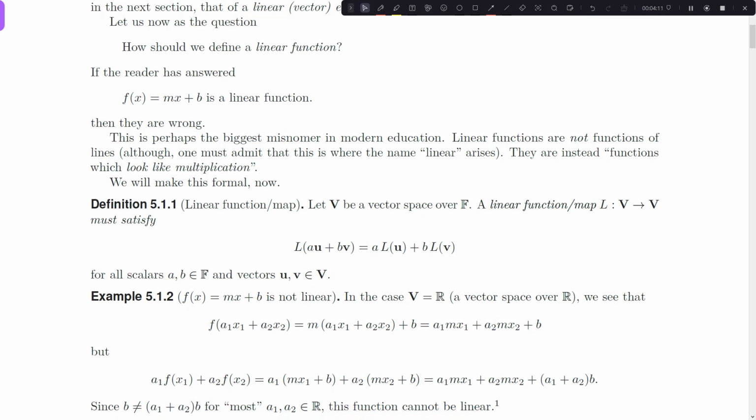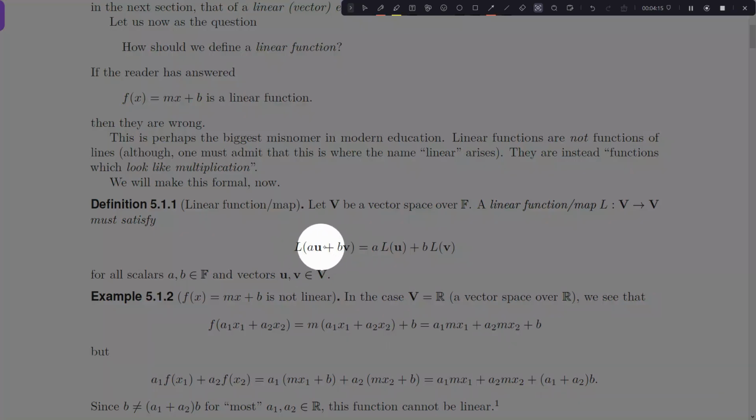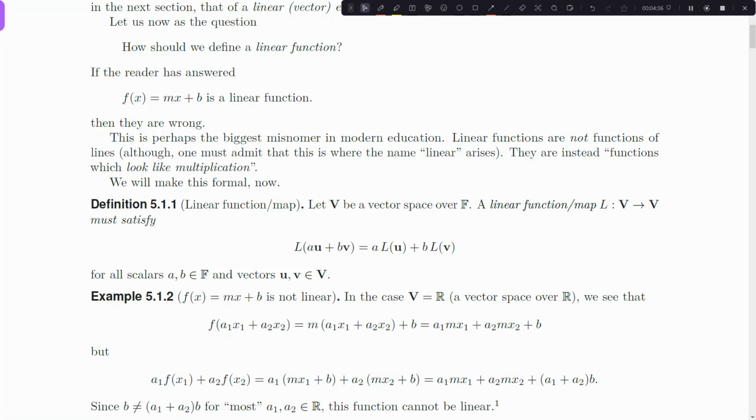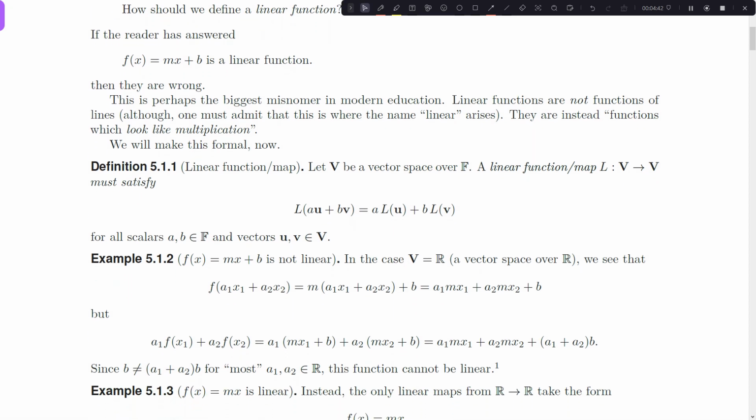So if I compare what I would want this to be equal to, so in linear, f on the outside has to be the f on the insides separated. If I take f on the inside separated by the plus signs, you'll notice I recover an a1 plus a2 times b. Well, if a1 and a2 don't add up to give me 1, then that's never going to be true. So this function cannot be linear. And I have a footnote to describe some more things for you if you still don't feel good about that.